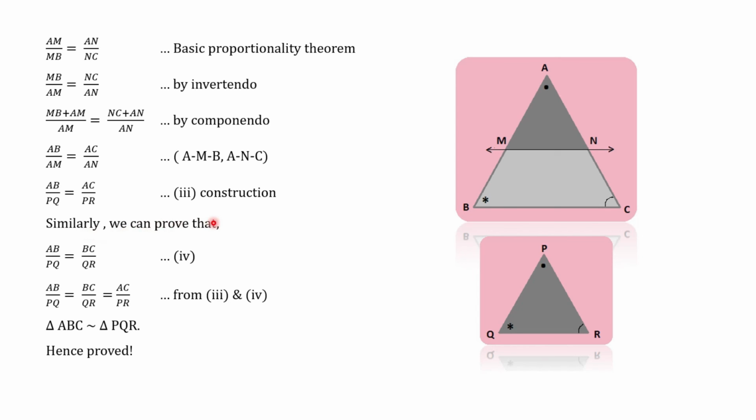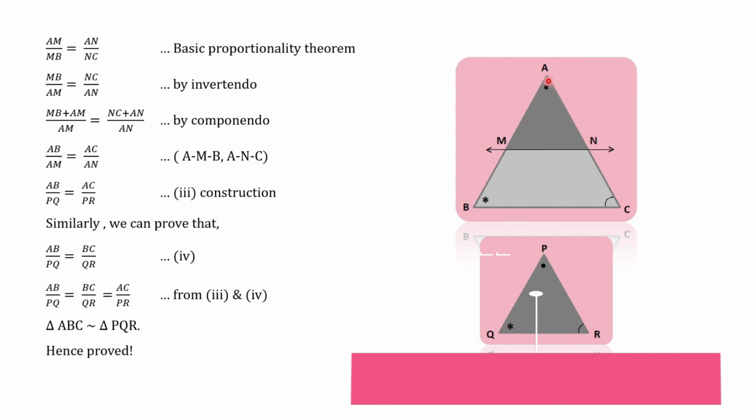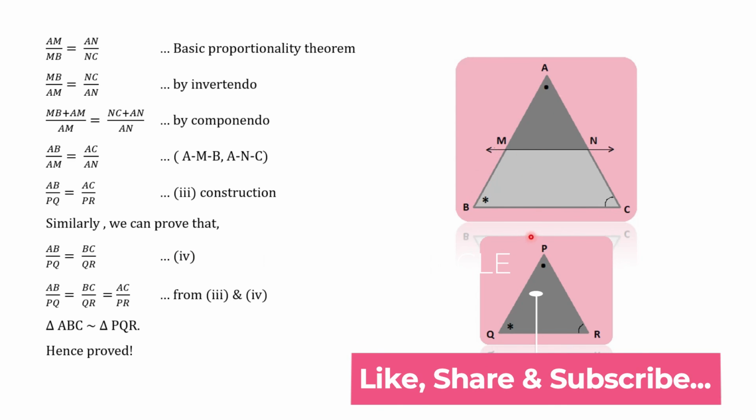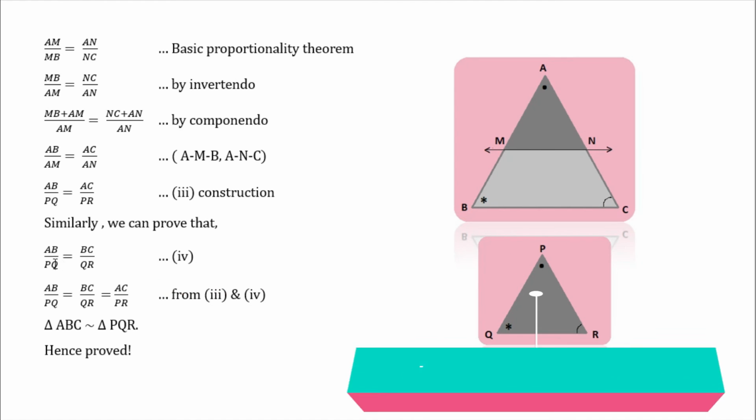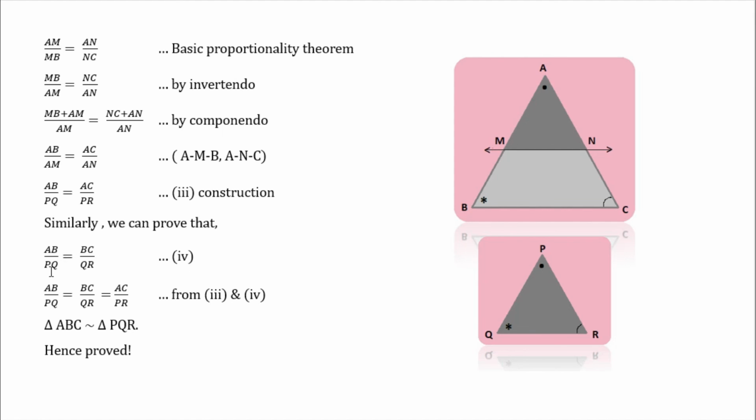Similarly, we can prove that AB upon PQ is equal to BC upon QR. So how do we get this ratio? Earlier we drew MN parallel to BC, but now we have to draw MN parallel to AC.